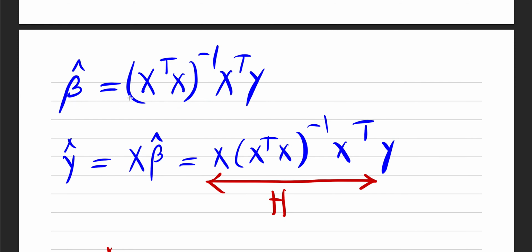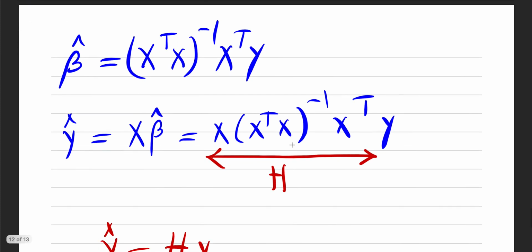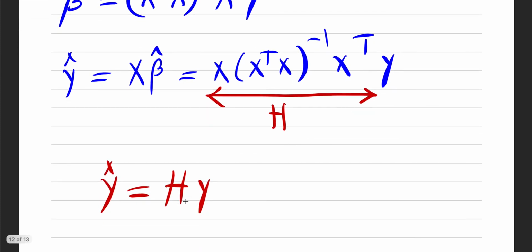This is how the least squares estimate looks. And if we want to know the prediction at the observations, we multiply it by the matrix X. So X beta hat will be X times (X transpose X) inverse X transpose Y, and this part, X times (X transpose X) inverse X transpose, assuming the inverse exists, we call the hat matrix. And the hat matrix transforms the observations and gives us the prediction.